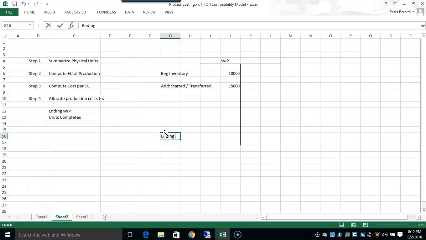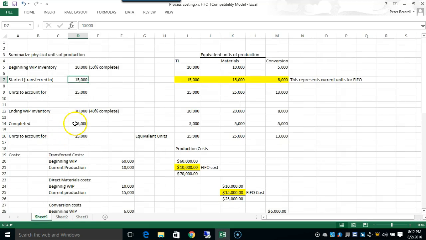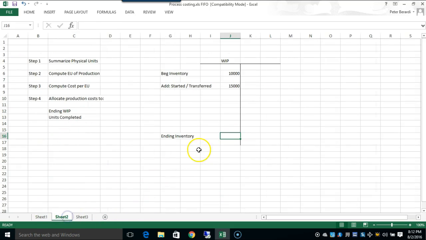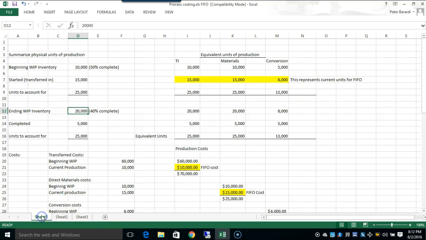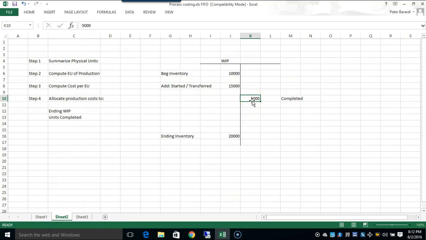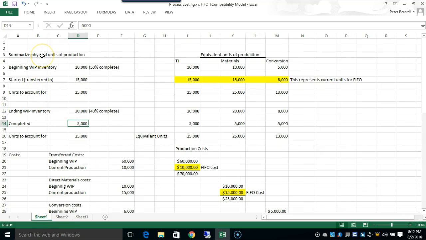Ending inventory. We are told is 20,000. Completed is the balance, which is 5,000. That's all this summarized physical units step 1 is all about. Very simple.